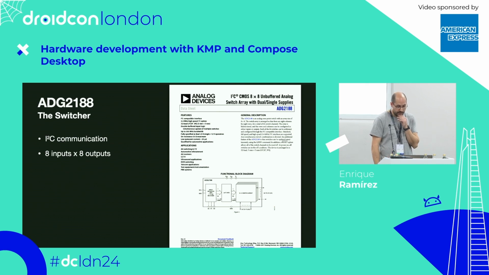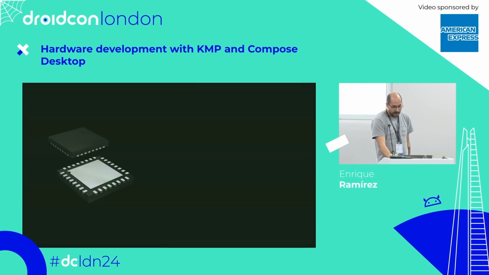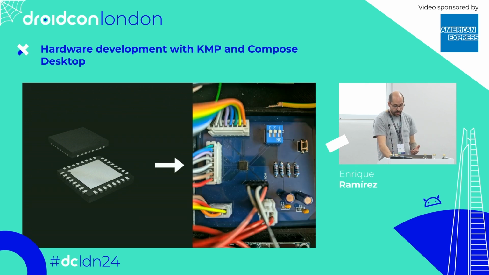This is the ADG2188, which is a switcher that takes 8 inputs and 8 outputs, and you can rearrange them how you want. And it says that it works with something called I2C, which we don't know what it is yet, but we'll get through that. What they sell is those chips. That's the thing.